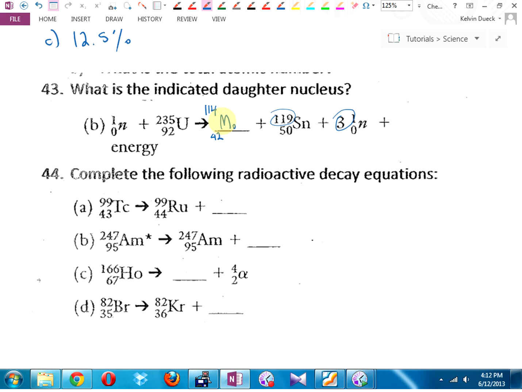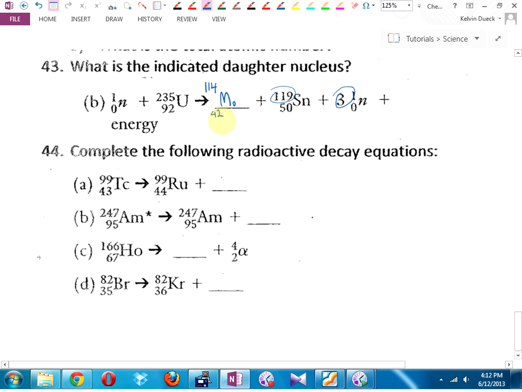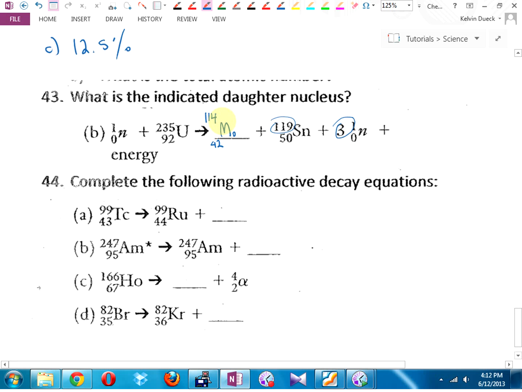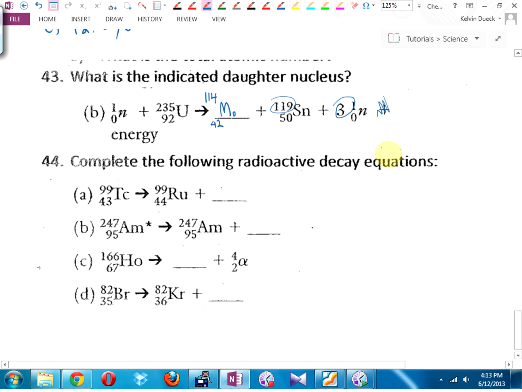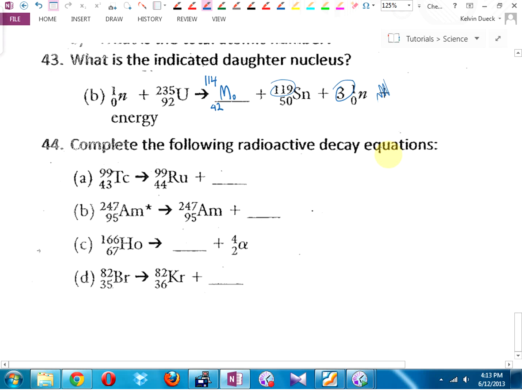Okay. Let's complete the following radioactive decay equation. So we have 99, 99. I know this has a mass of 0. 43 became 44. This must have been a -1. Must have been a beta particle. It's giving off electrons.